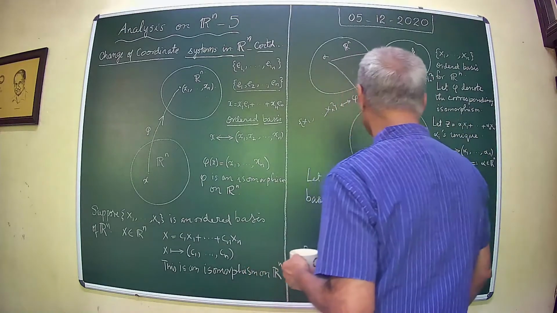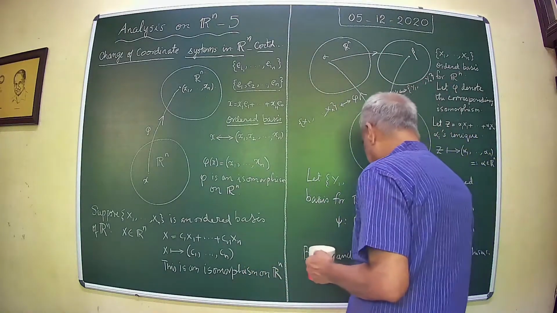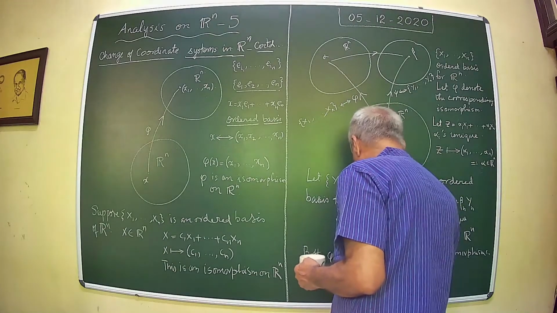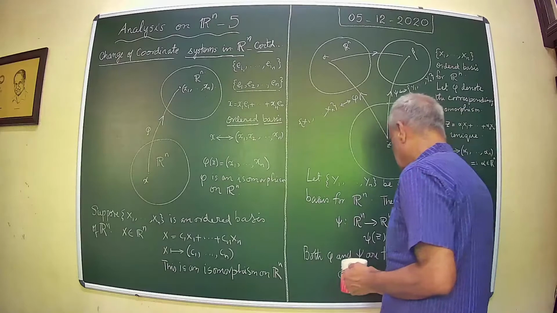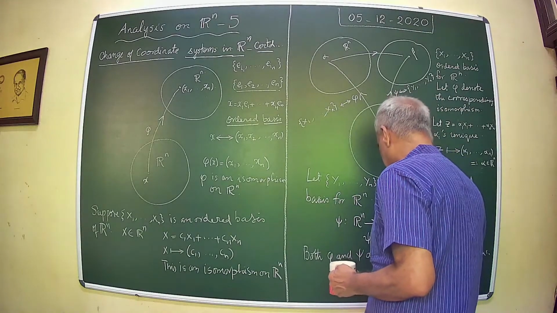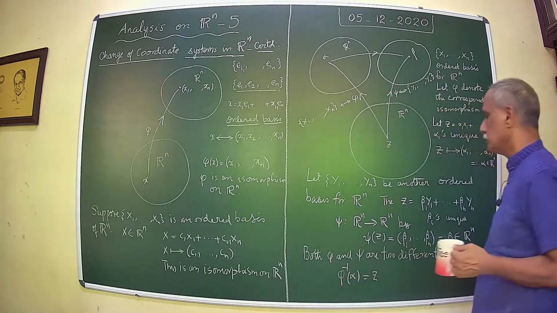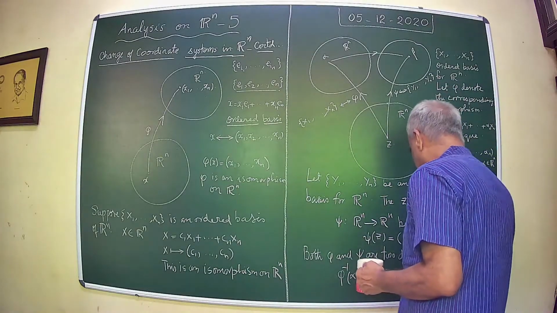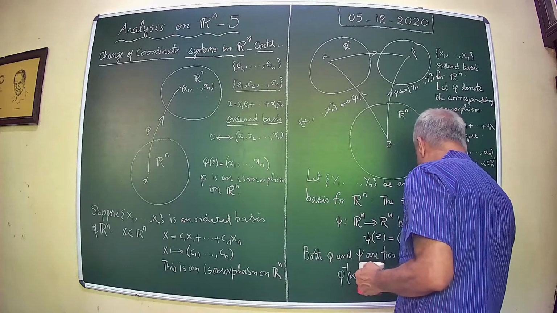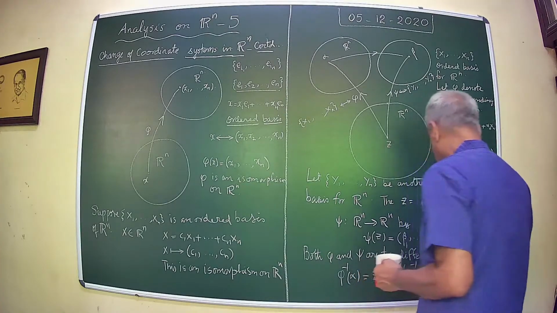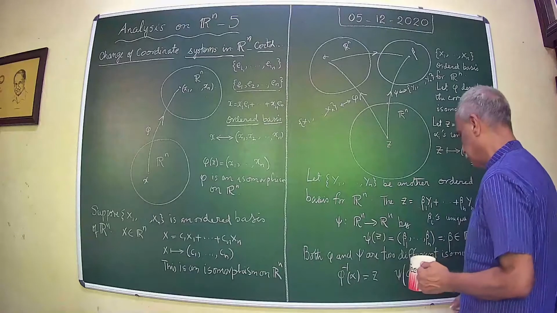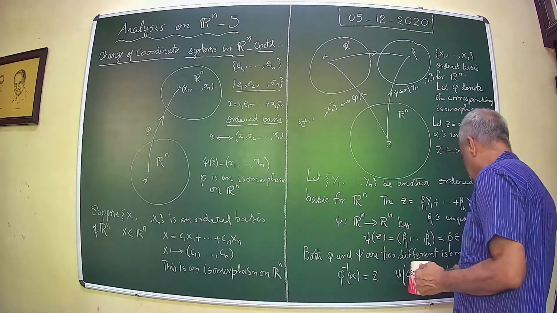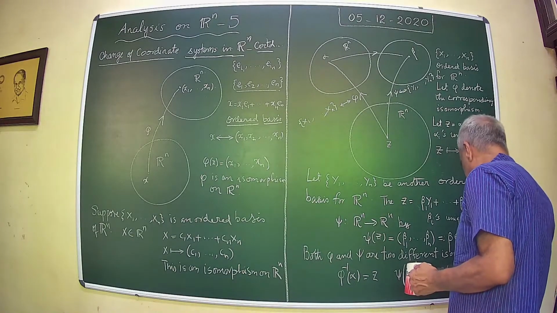So you see that phi inverse of alpha is equal to z. Now, psi of phi inverse of alpha is equal to psi of z, which is equal to beta.